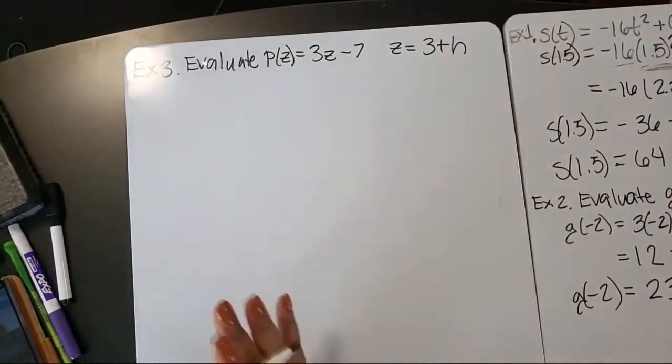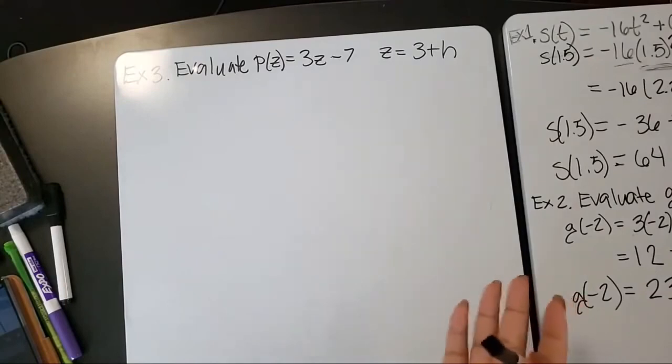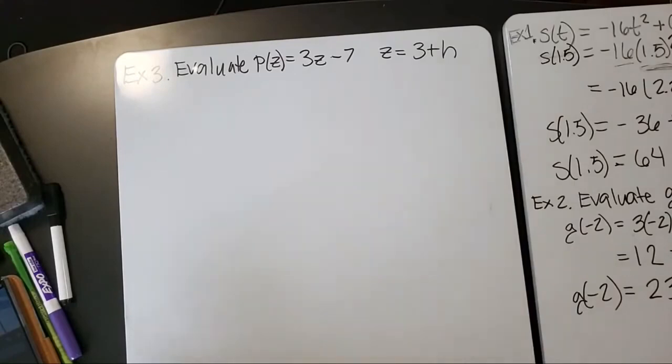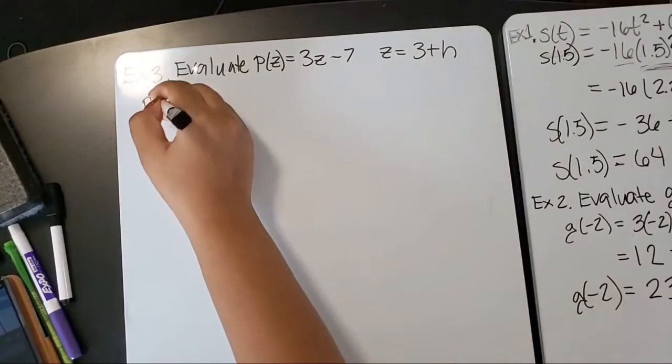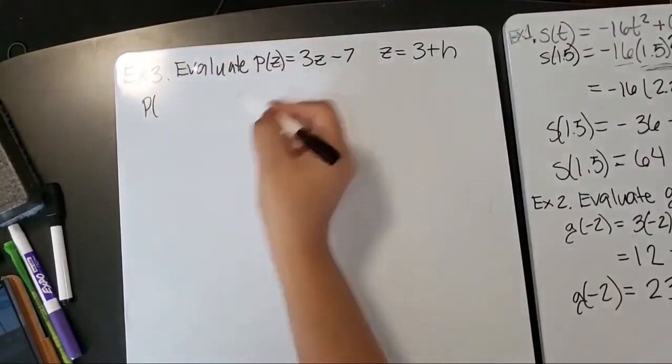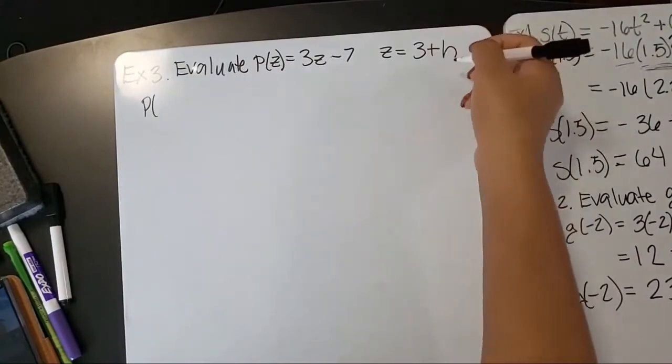So now we're not just plugging in a number for the variable, we're plugging in basically a whole other function for the variable. All right. So let's explore how to do that. For your P of Z, wherever you see a Z, you're going to plug in this whole thing.